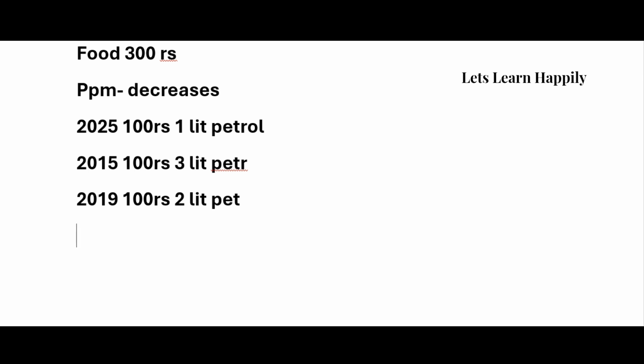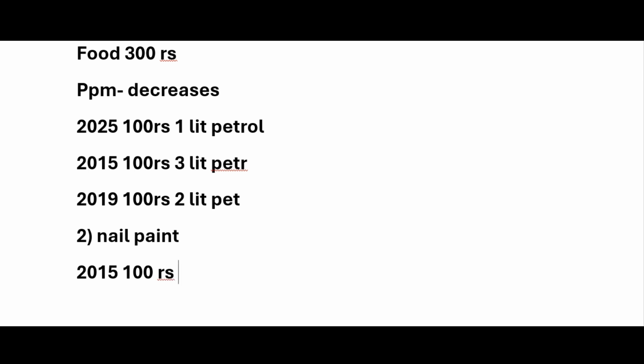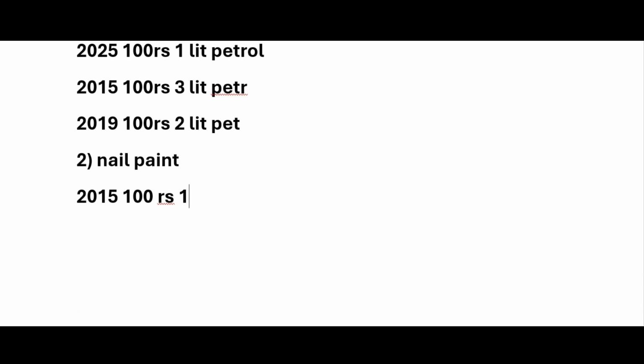Let's take another example, nail paint. Let's say the year 2015. We are taking a common amount, 100 rupees. For 100 rupees in 2015 we can have one nail paint.